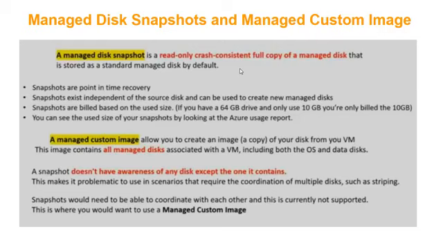Once it is a managed disk, you can take a snapshot. Whenever you want any new disk, you can create a new disk by using this snapshot. It is stored as a standard managed disk by default.